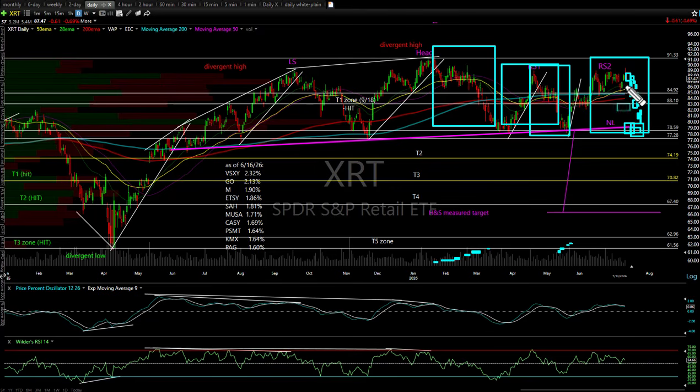They don't have to be perfectly symmetrical, but two relatively symmetrical right shoulders for that complex head and shoulders pattern. And you'd want to see an uptick in volume on the down move to the neckline. Then when the neckline breaks, there's a measured target, which comes in with that fourth target I gave you before, and I still maintain that fifth target there.